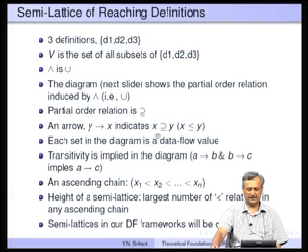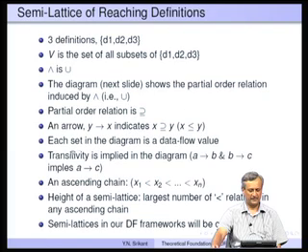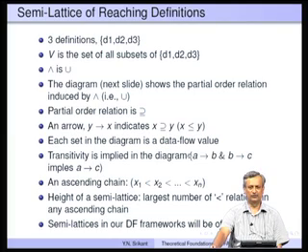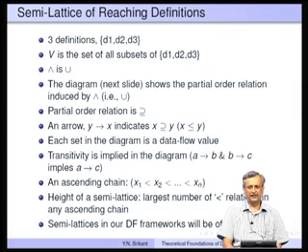An arrow from y to x indicates x superset y, or x less than or equal to y. This is something I already mentioned. Each set in the diagram is a data flow value. So, now we are talking about the iterative data flow analysis algorithm we have already seen.